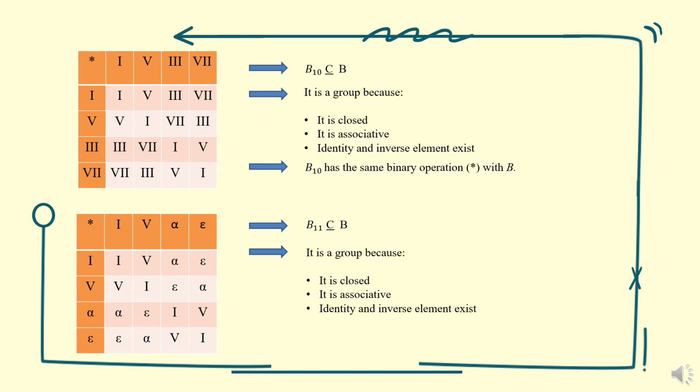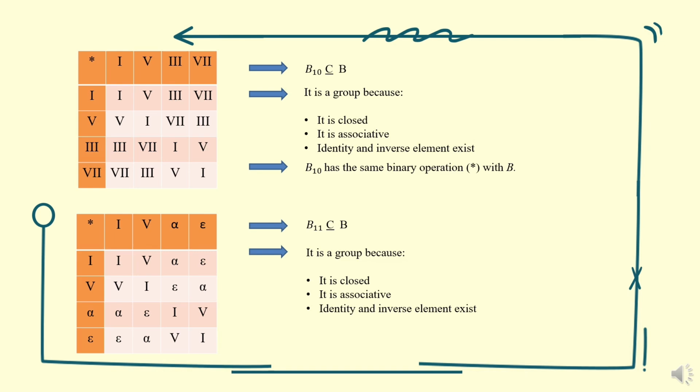Okay, now let's have the associativity. It is associative because when we flip this table 180 degrees, then rearrange it in order, for example, arrange it as 1, 5, alpha, and epsilon, we can get the same as this table.